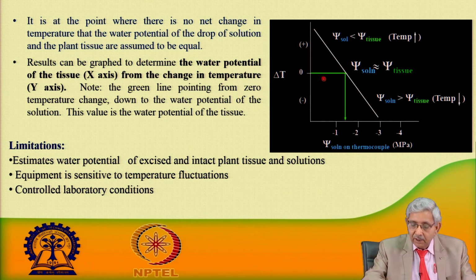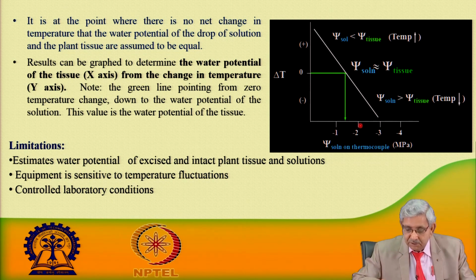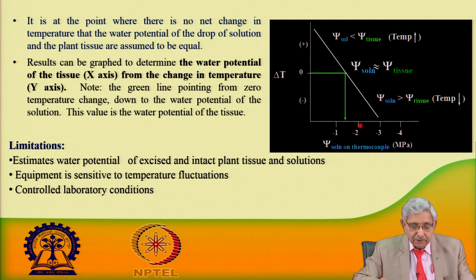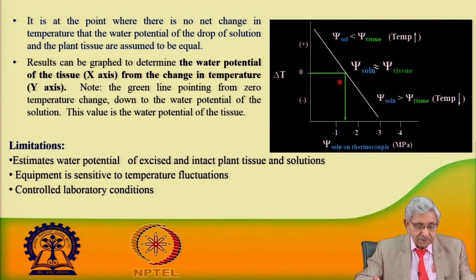The green line where it becomes 0 means no change, and that gives the water potential of the solution, which is noted down. So, the green line shown here is 0 temperature change, and the water potential of the solution at that point is the water potential of the tissue. It gives estimates of water potential of excised and intact plant tissue and solution.